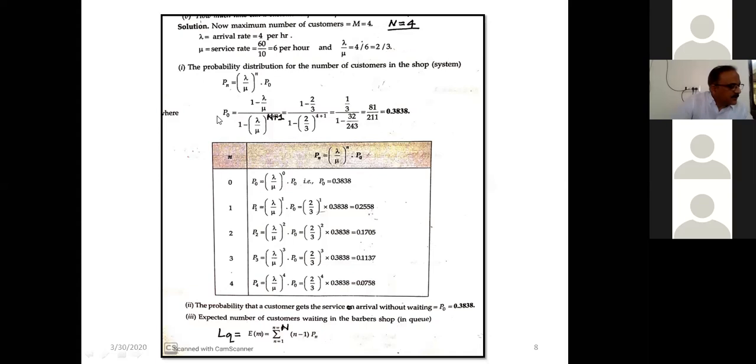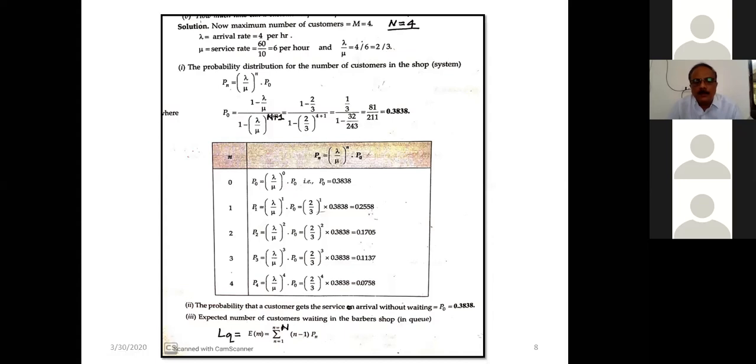The second question is, what is the probability that a customer can get the service directly on arrival without waiting? This means the system is empty. There is no customer in the barber shop, so the moment anybody enters the system, they get the service.